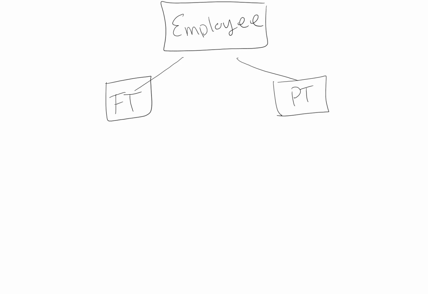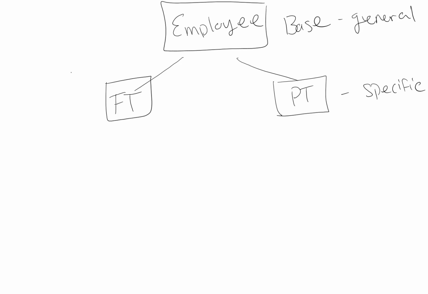So if I'm going to create this base class and derived class relationship, I would start with my base class, which I named employee. I would then create some derived classes. Remember, the base class is the general, whereas the derived classes are more specific.